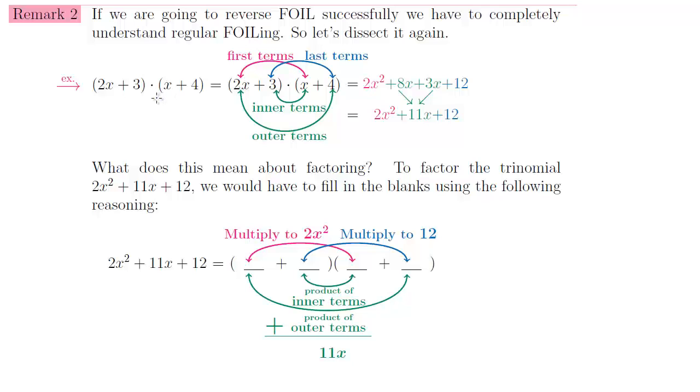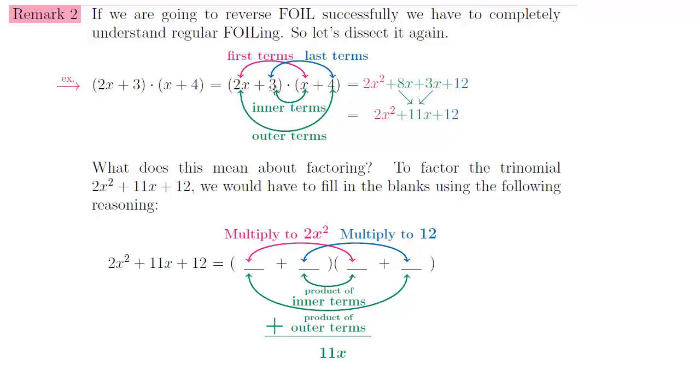If we want to understand reverse FOILing, we have to understand regular FOILing perfectly. So if I asked you to multiply 2x plus 3 times x plus 4, you would multiply the 2x times the x to get 2x squared. You would multiply the 2x times the 4 to get 8x.